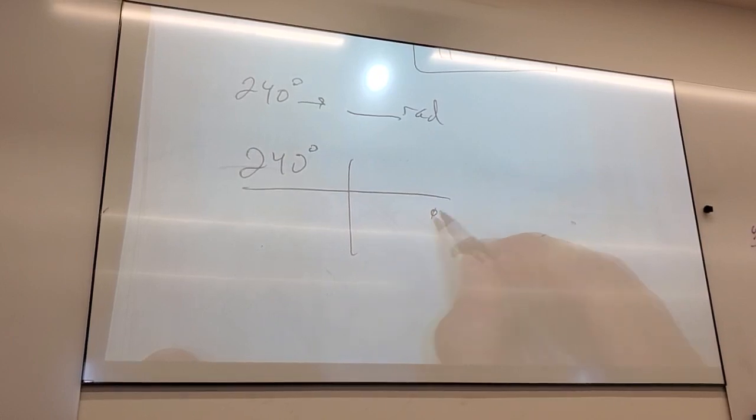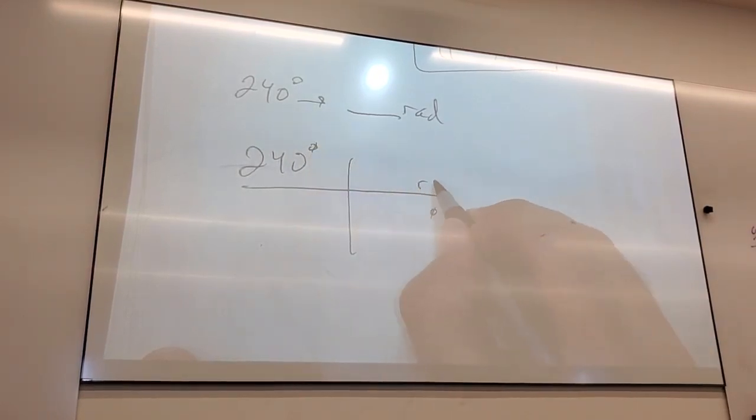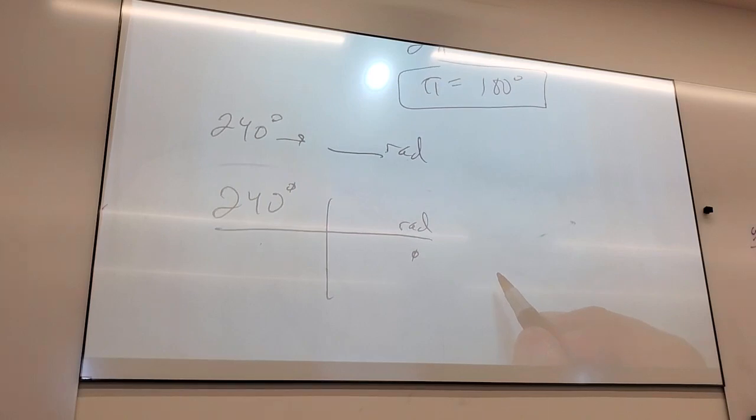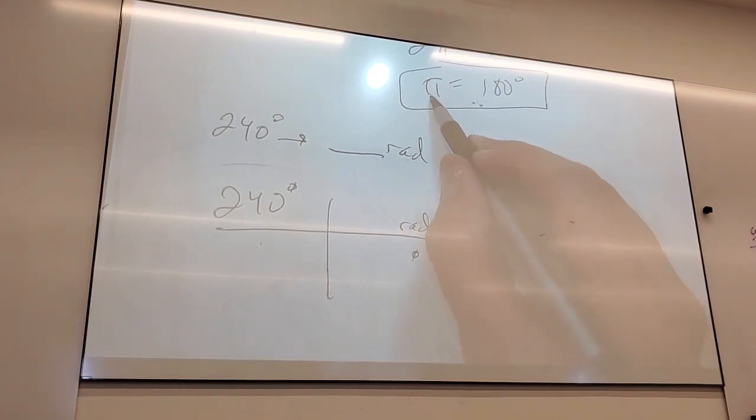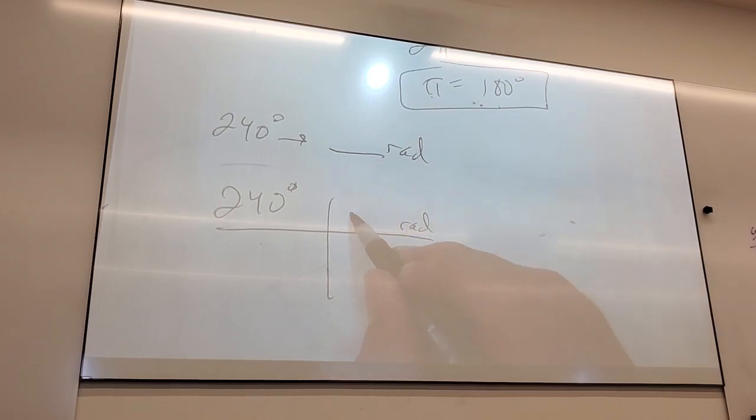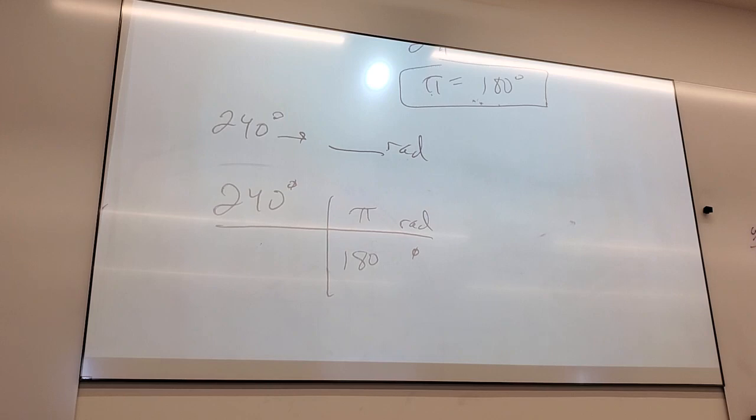On the bottom, so they cancel, yes? And then I would put rads up here. How many radians are in how many degrees? Pi radians are in 180 degrees. Yes? You guys all with me?